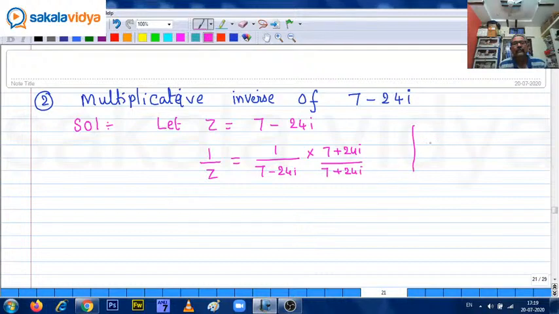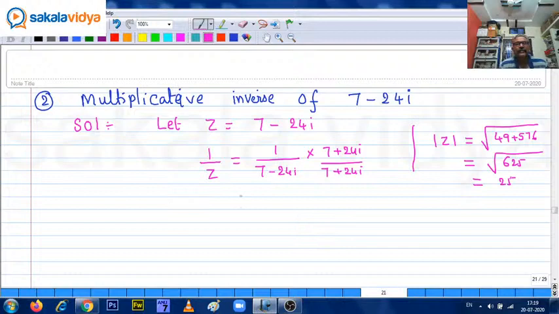Now, 7 minus 24i into 7 plus 24i is mod Z square. Mod Z find out first of all. Mod Z is equal to root of what? 7 square 49, 24 square 576. This will be square root of 625, which is 25.